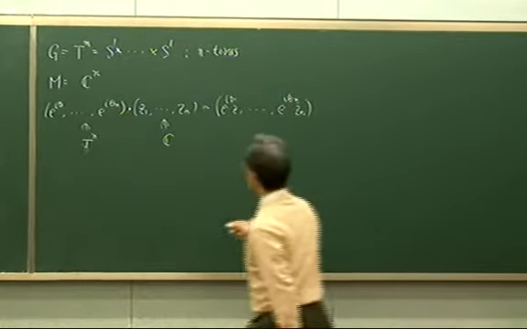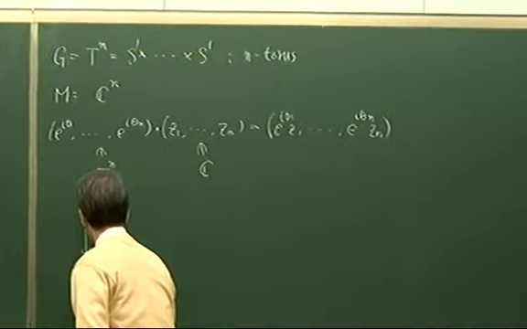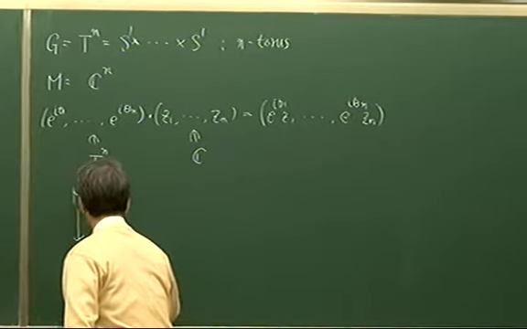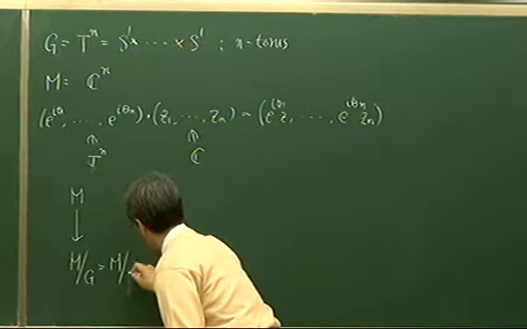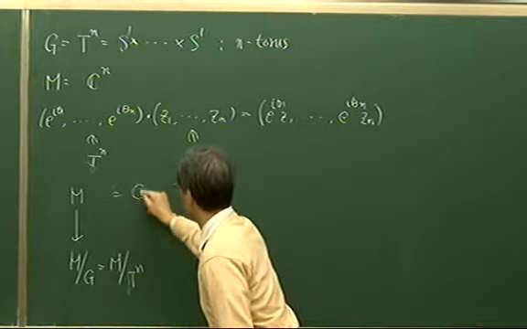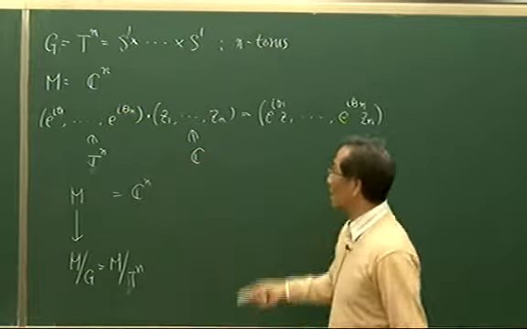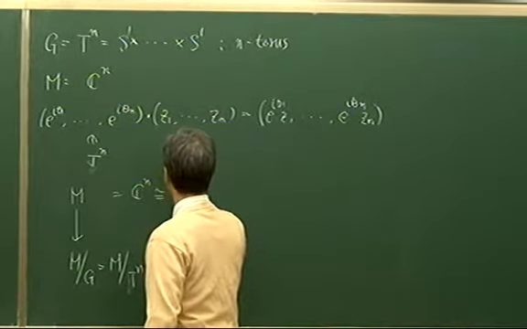So it becomes M quotient T^n, where M is C^n, the complex n-dimensional space. As a real manifold, this is the same as R^2n, right?